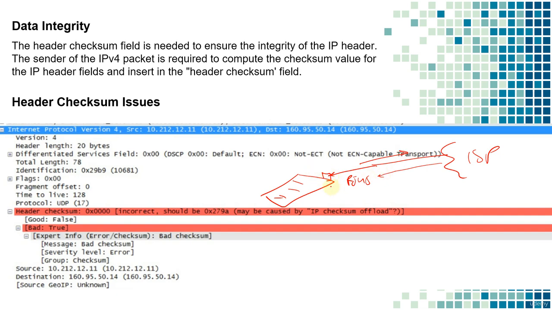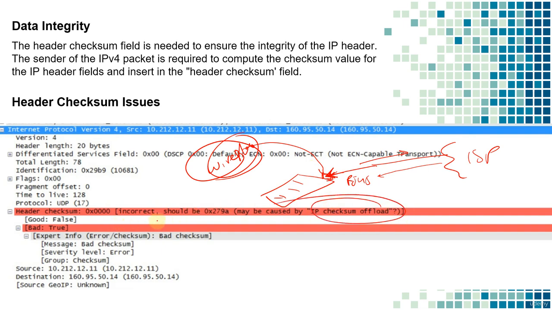Our Wireshark is capturing all these packets from the network interface card. As soon as the data hits, our Wireshark is capturing those packets. That is making these checksum offload issues.